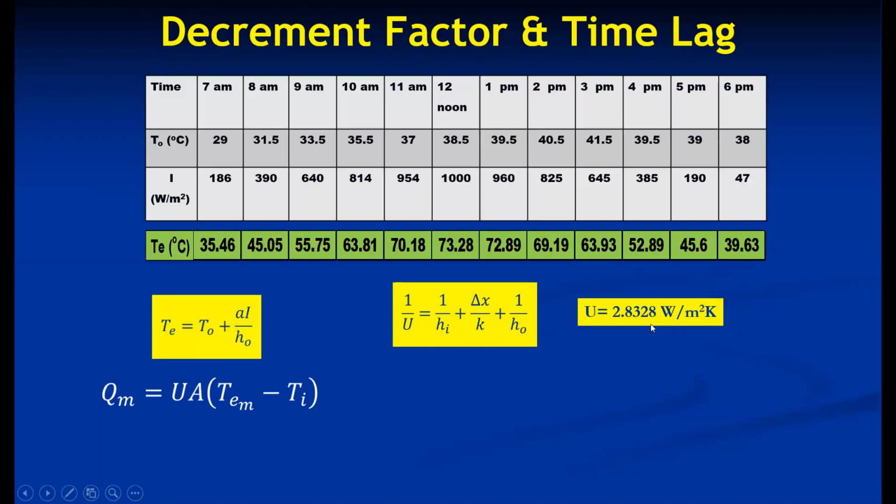That U value comes to around 2.838. By considering this U value and TEM, we can calculate the mean heat transfer rate. So the mean heat transfer rate is 54.21.